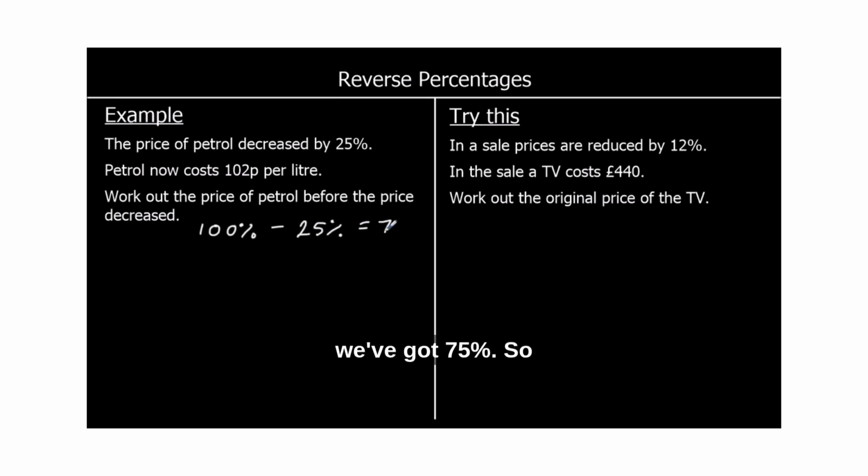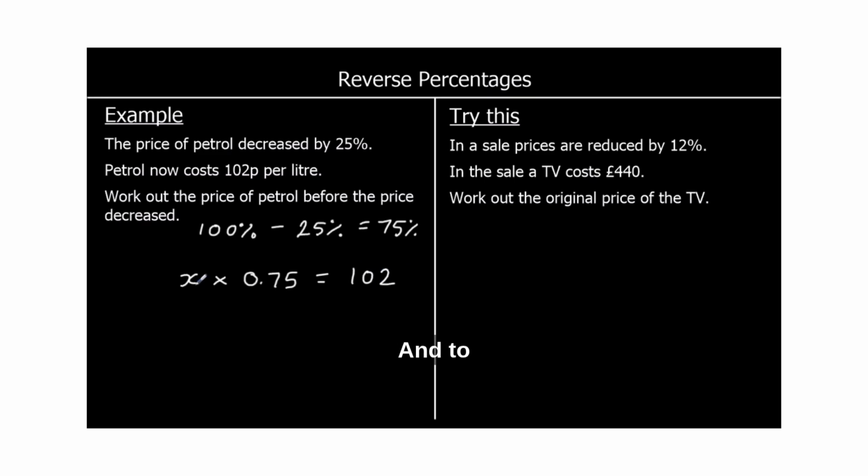So we've got 75%. So to work out 75% in one calculation, you get the original and you multiply it by 75% as a decimal, which is 0.75. So the original times 0.75 is 102.